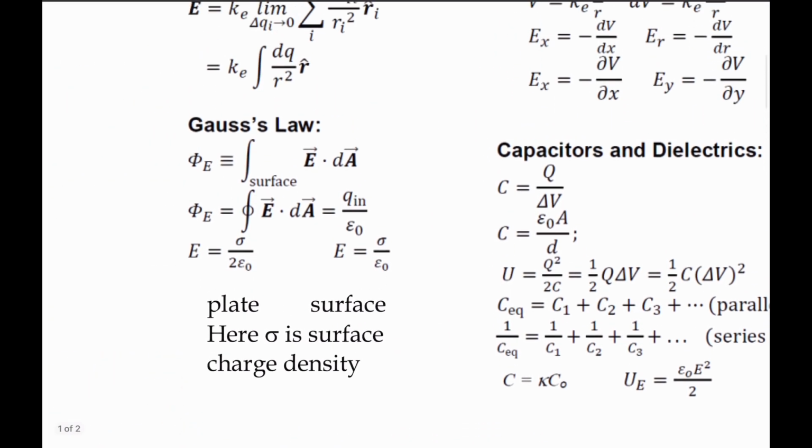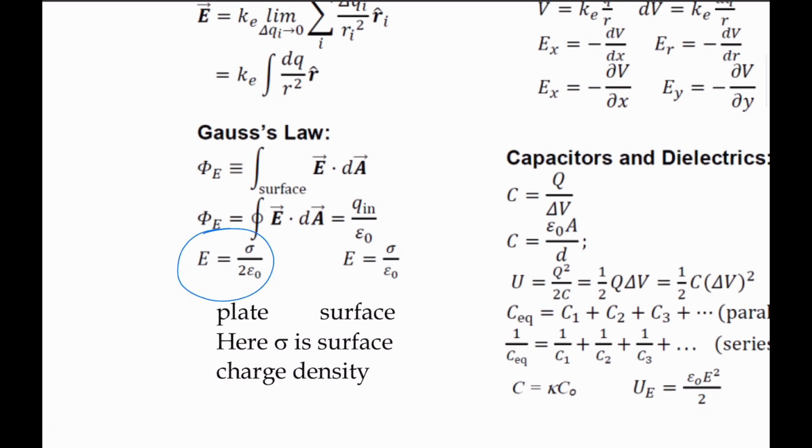So this here is the electric field due to a positively charged plate. The electric field here and the electric field here equals sigma over 2 epsilon naught.